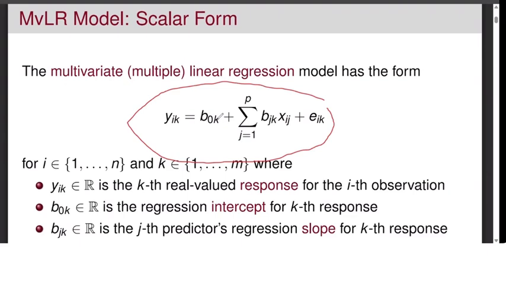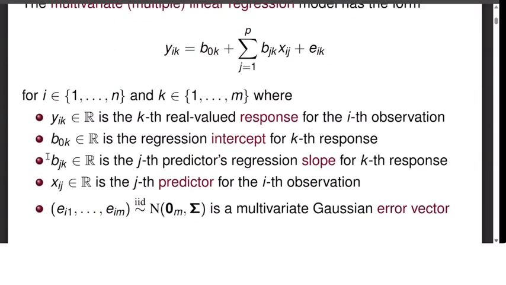The K here goes from 1 to m, so 1 to m means the number of response variables that we're going to have is m. All of this represents the description of each term in the model.